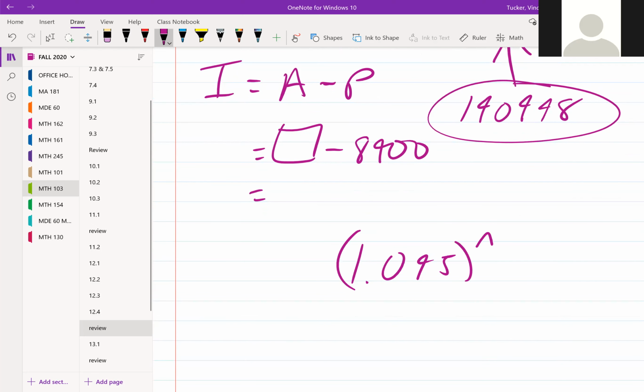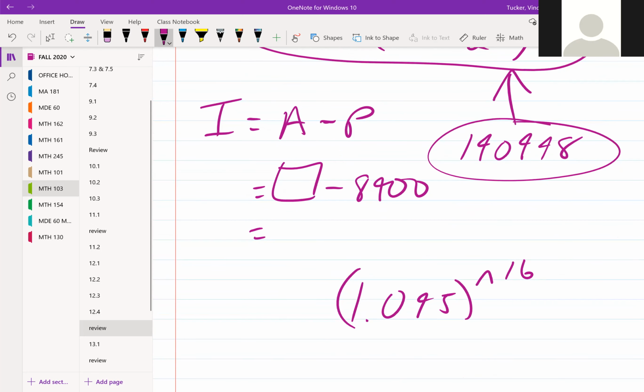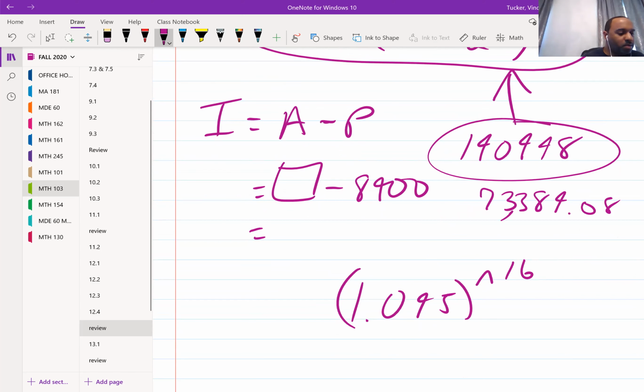So what I got for A differently is now 73,384.08. Then I subtract that. I think that's right. That should be right. I hope so.